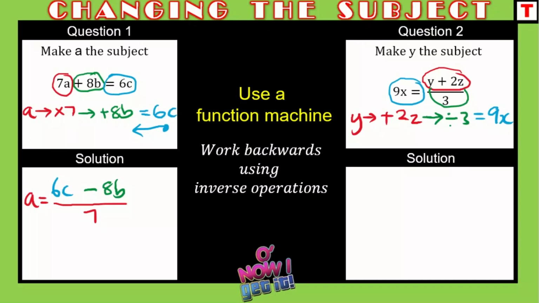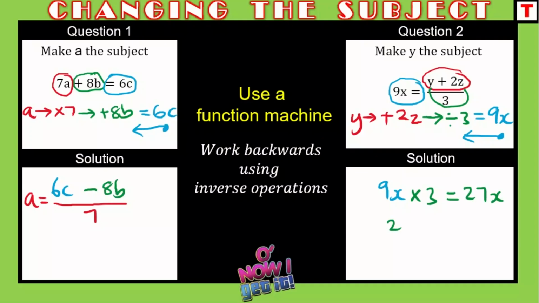Therefore, we're now going to be working backwards using the inverse operation from 9x to get to Y. So let's start with 9x. Then we're going to be doing the inverse of dividing by 3, which is to multiply by 3. So 9x multiplied by 3: 9 times 3 would be 27, and 27 multiplied by x would be 27x.